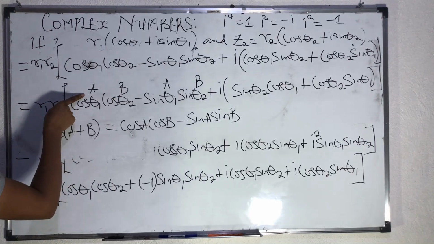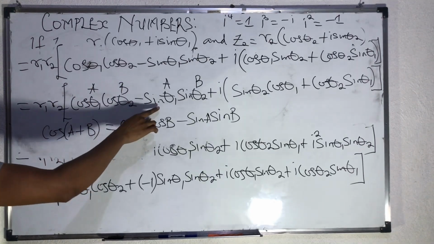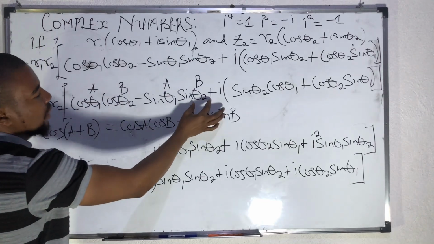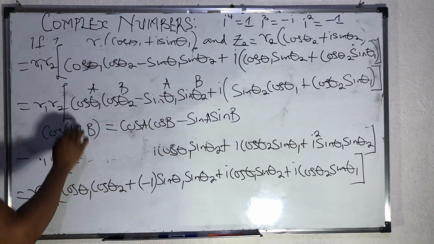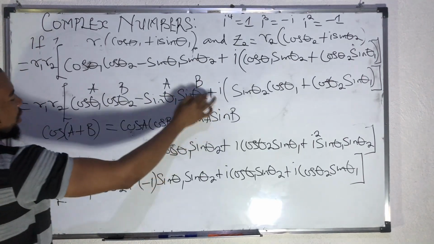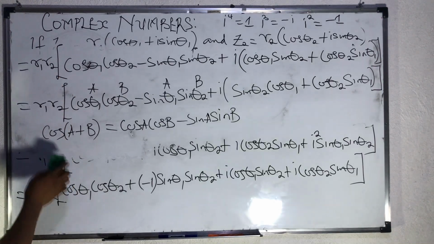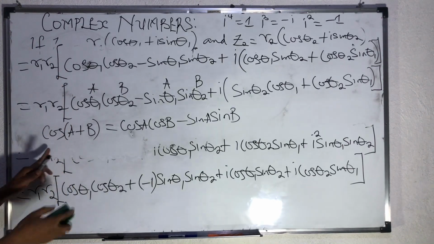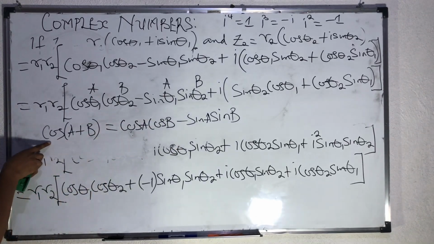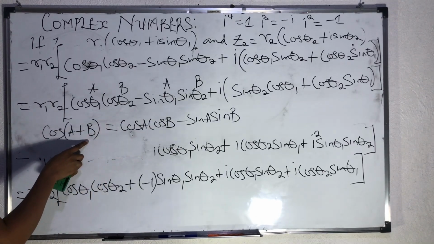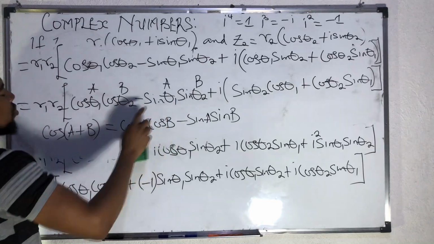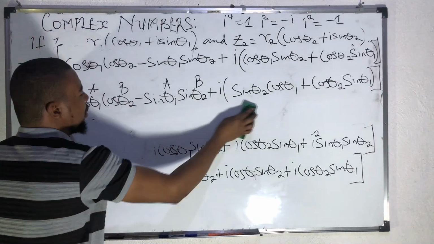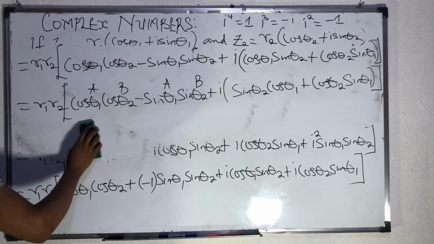We can say that this is our A and this is our B, while for the next one, our theta 1 is our A while our theta 2 is our B. Therefore, I'm going to replace everything here with cos theta 1 plus theta 2, because something like this is equal to cos A plus B. Therefore, this one here will be equal to cos theta 1 plus theta 2. Let's replace that.